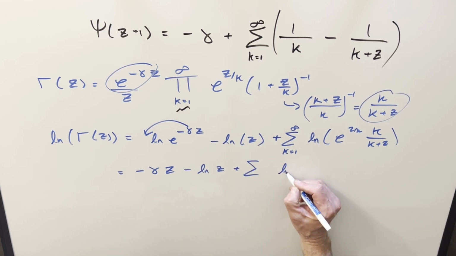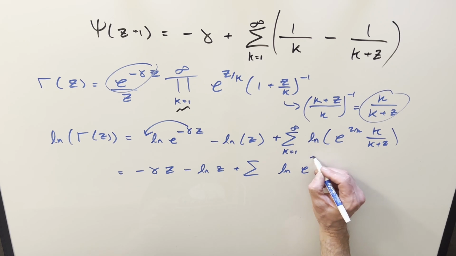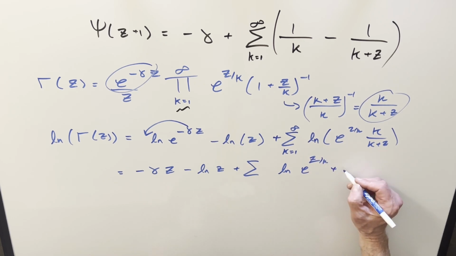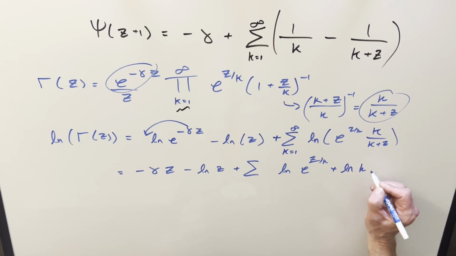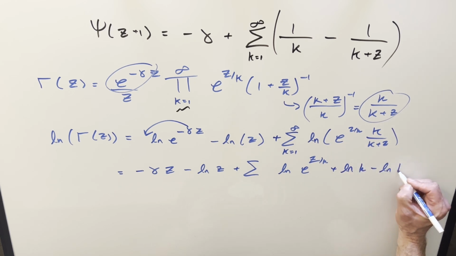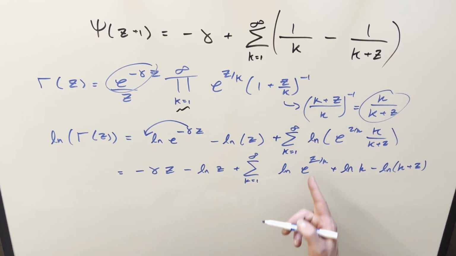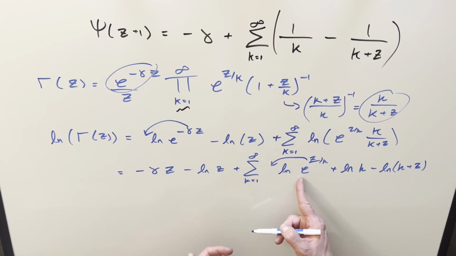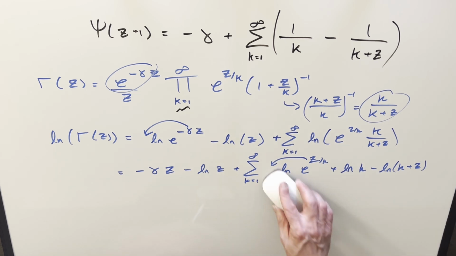Breaking it up, we'll have this as ln e to the z over k, then plus ln k minus ln (k plus z). But now one more thing, we'll do the same thing we did here on this one, bring this out front. Again, ln e is 1. So this thing right here is just going to become z over k.